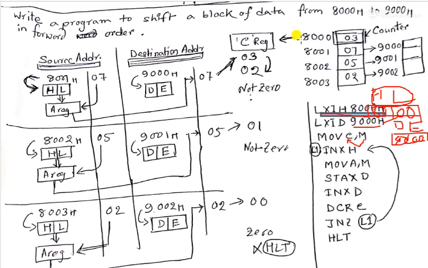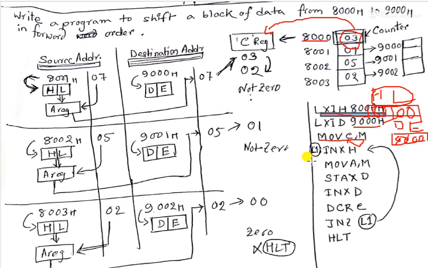So it goes to 8000 location, treated as an address, and the content of that address, that is 03, moves to register C through this instruction MOV C, M.